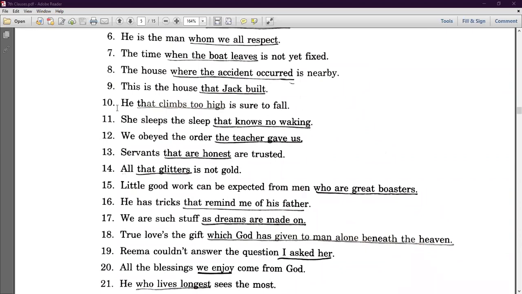Tell me the spelling of athlete. A-N-T-H. Is it A-N or A-T-H? You are speaking from which page number? Tell me. Vikas, are you there?